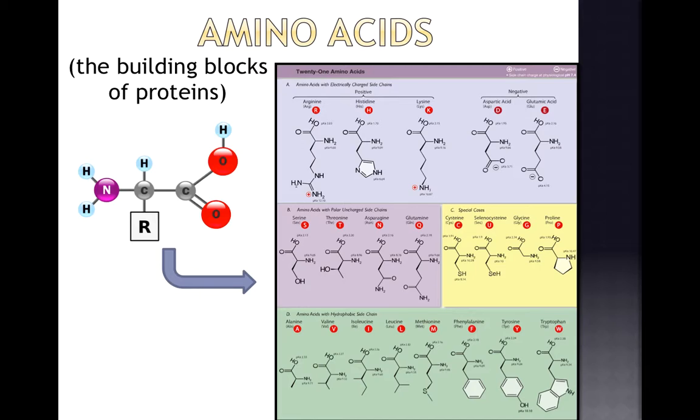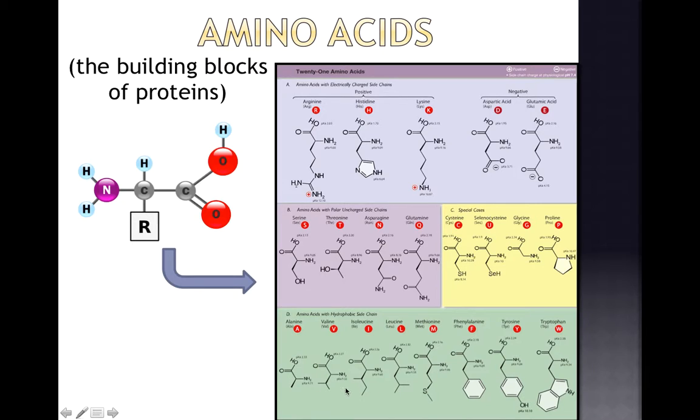Some are hydrophilic, so they are attracted to water. They are water soluble. Others are hydrophobic. They are more like lipids, so they repel water. Here this group is the hydrophobic side chain.